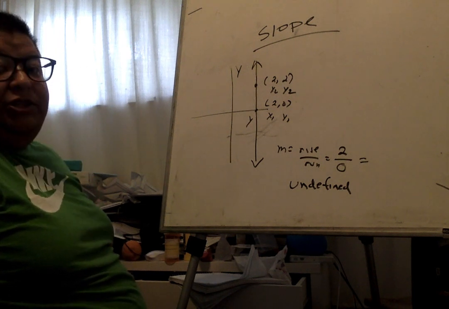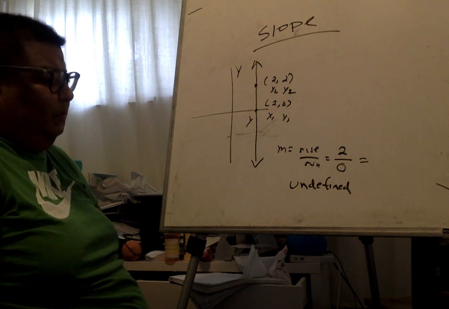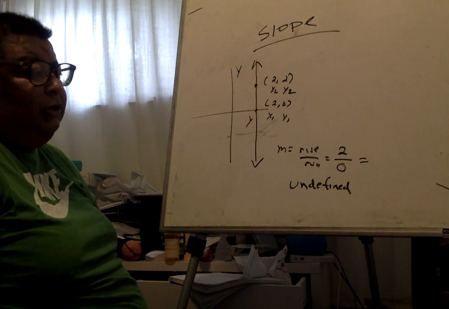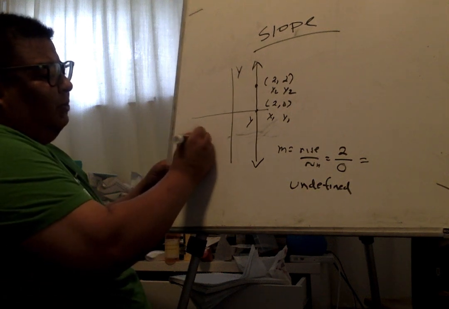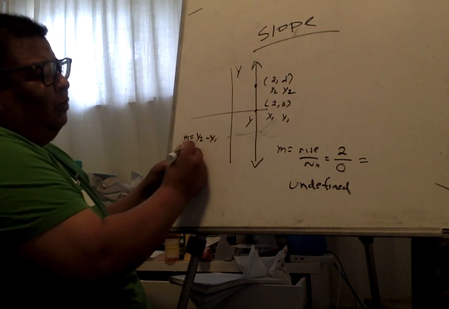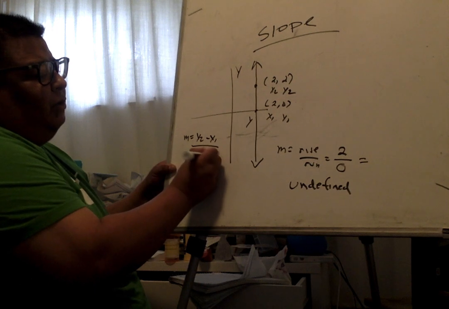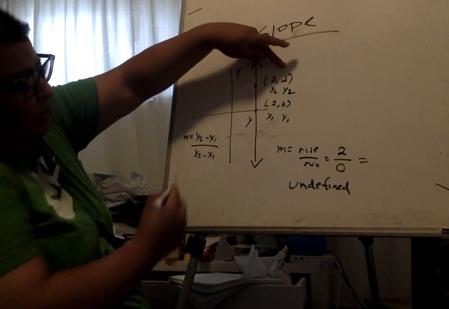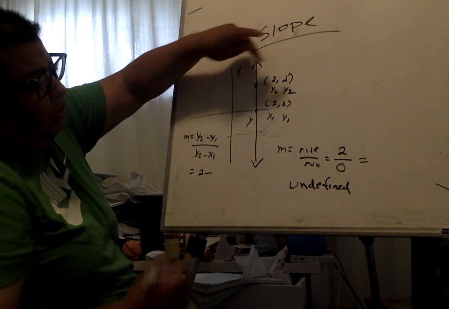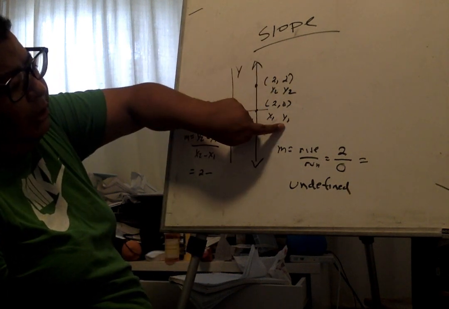Okay, so now let's do it analytically. Remember, the slope is always going to be y2 minus y1 over x2 minus x1. So it had better give us the same thing. y2 is 2 minus y1, which is 0.